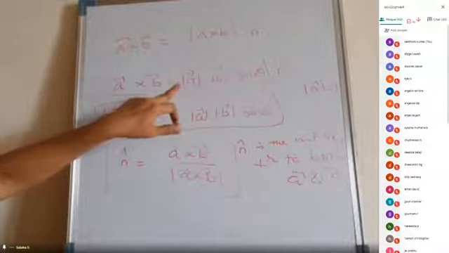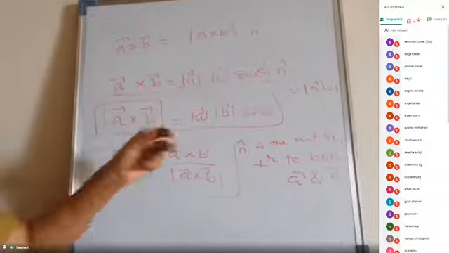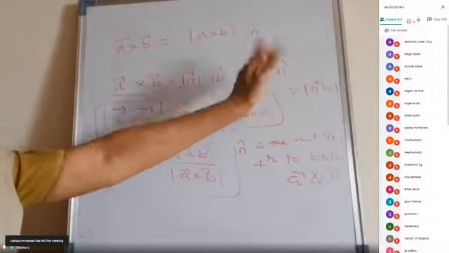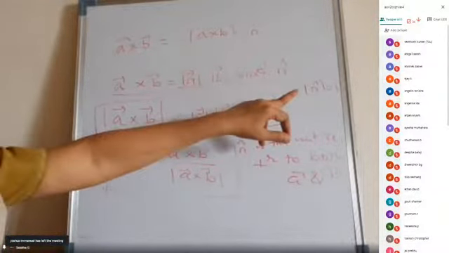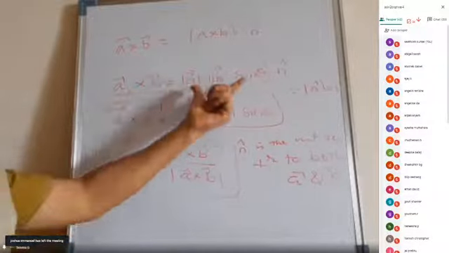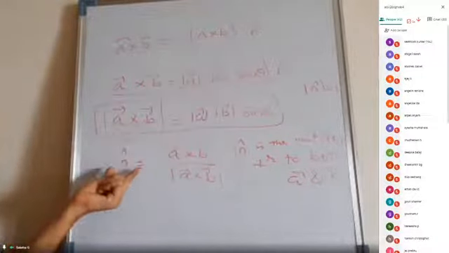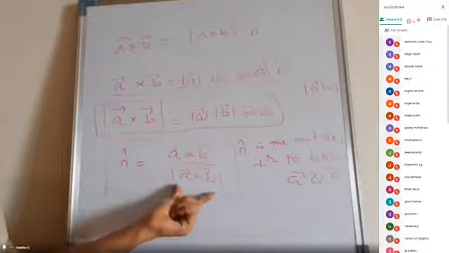Can we get this, mod A mod B sin theta is modulus A cross B, taking modulus on both sides, the n cap modulus is 1. So instead of mod A mod B sin theta, I can use modulus A cross B. What is n cap? A cross B by modulus A cross B.